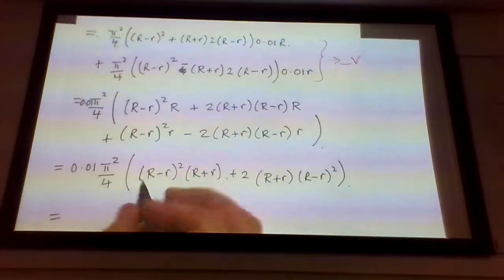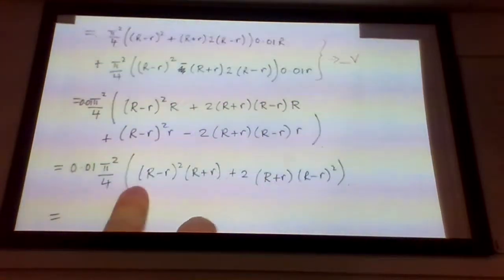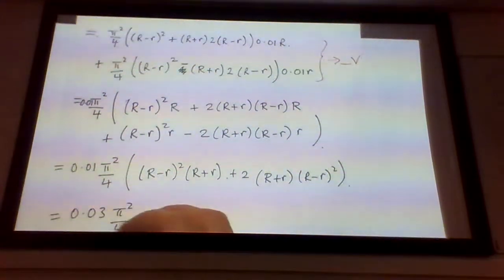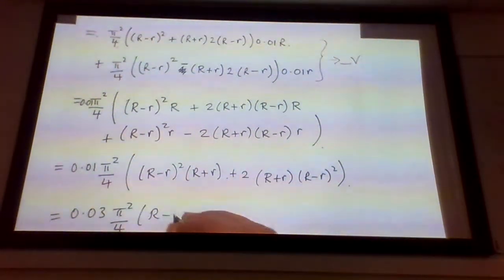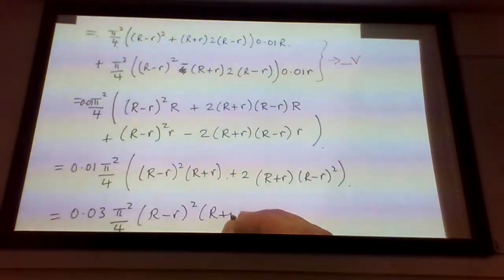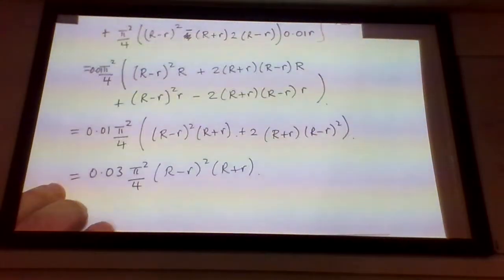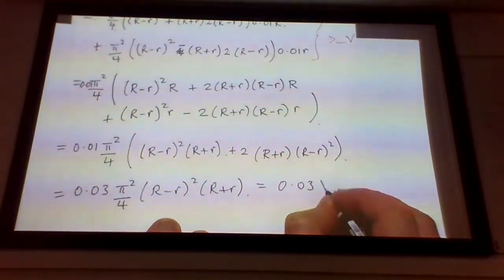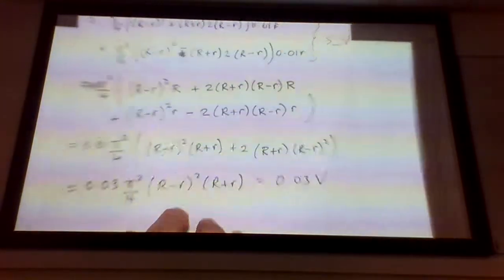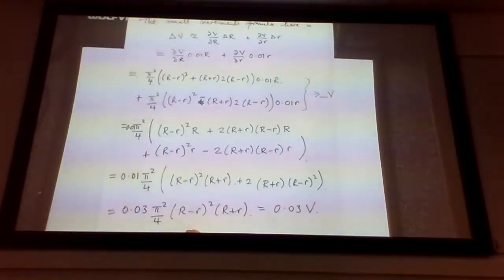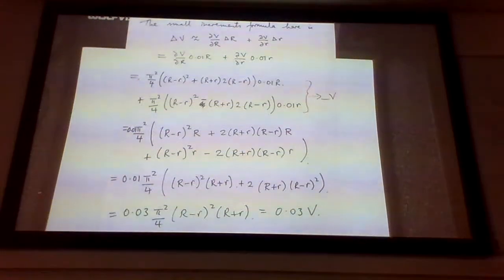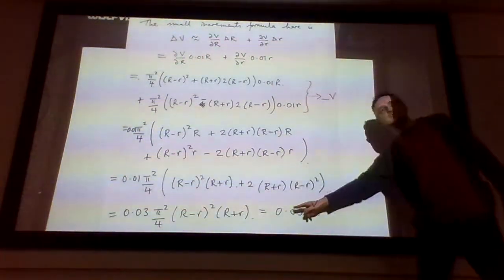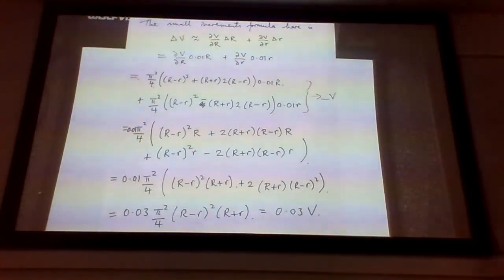So we take this factor 3 out, the 1 plus the 2, so you've got 0.03 pi squared over 4 times (R minus r) squared times (R plus r), which is 0.03 times v. So that's our delta v, the change in the volume of this torus expressed as a percentage change.